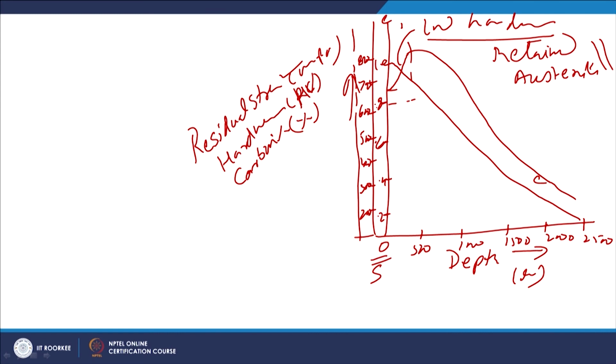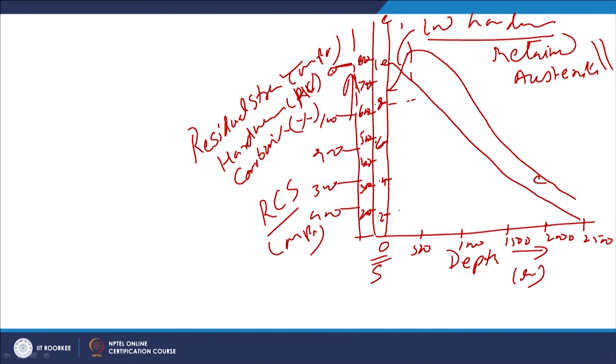Then we will plot the variation in the residual stresses: 0, 100, 200, 300, 400. These are compressive residual stresses in MPa.